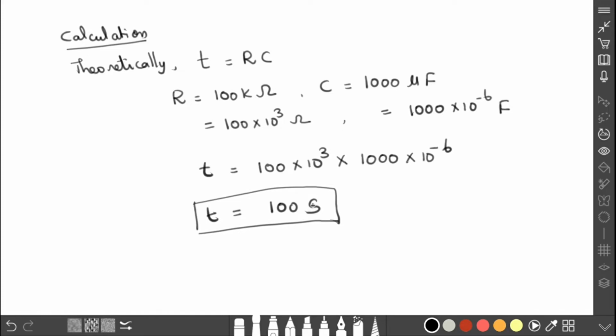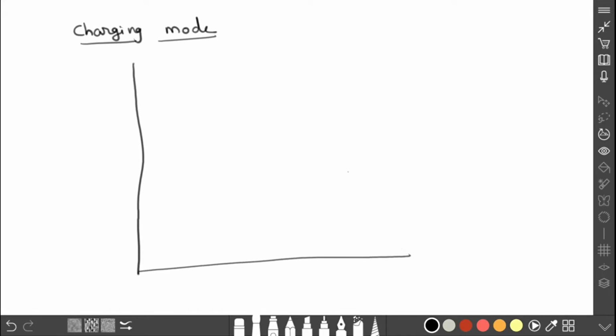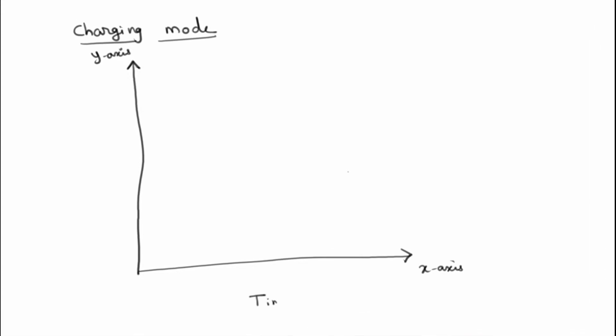Then we have to draw the graph. So how to draw the graph? The theoretical value is 100 seconds. Now for charging mode, the variables are time and voltage. Take this graph. First, this one is the x-axis and this one is the y-axis. On the x-axis is time, the known variable for us, and its unit is second.